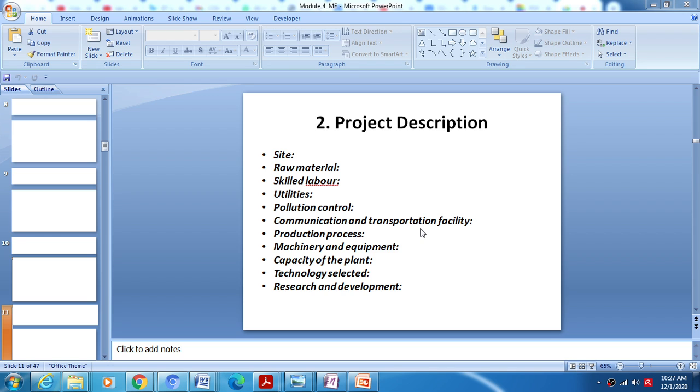The next one is research and development, and a mention should be made in the project report regarding proposed research and development activities to be undertaken in the near future. Basically, what kind of research or development do you intend to make available in your organization, so that again has to be discussed in the project report.